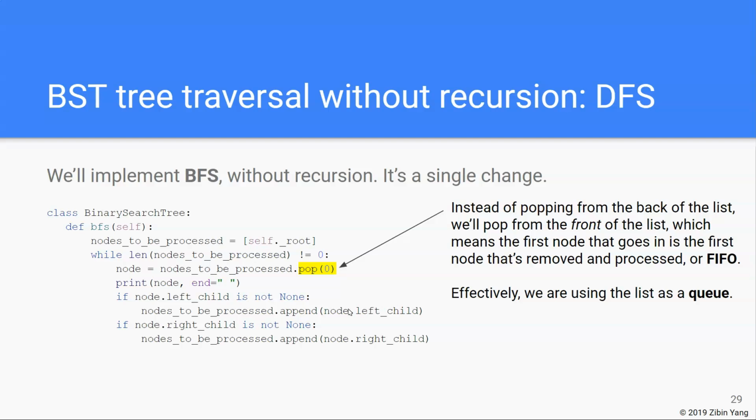So when you think about this, we insert at the end of the list and remove from the front of the list. So the first thing that we put in is going to be the first thing that we take out, which is unlike the DFS, where the last thing we put in is the first thing that we take out, right? So in the case of BFS, we are using the list effectively as a queue, or first in, first out data structure.